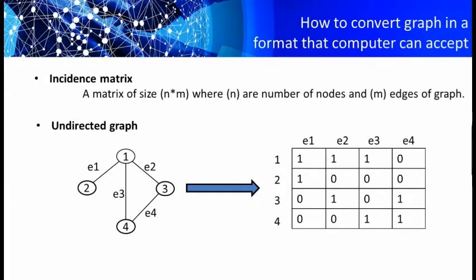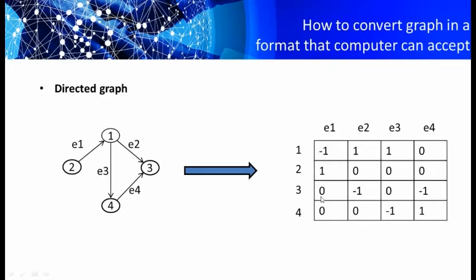So you can define nodes as columns and edges as rows. For example, E1 is connected to node 1, and E2 is connected to node 1, and E3 is connected to node 1. So we define those as 1, and E4 is not connected to 1, so we define it as 0. The others are the same in this way.